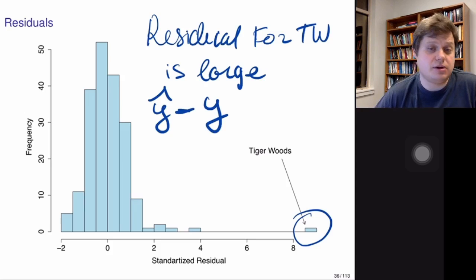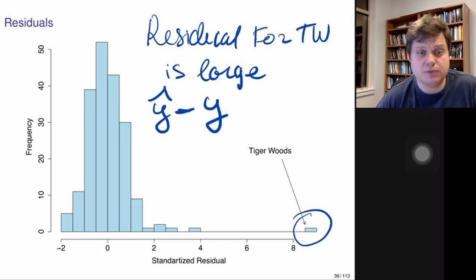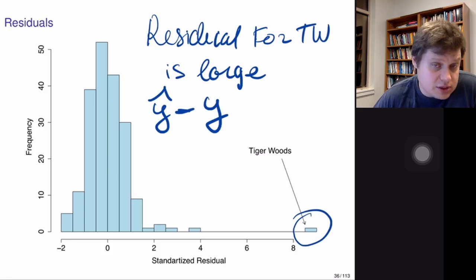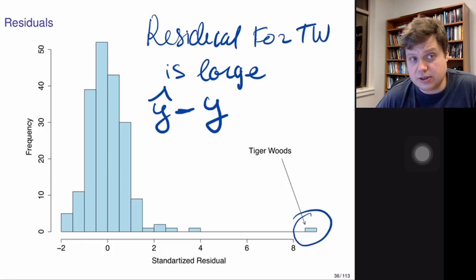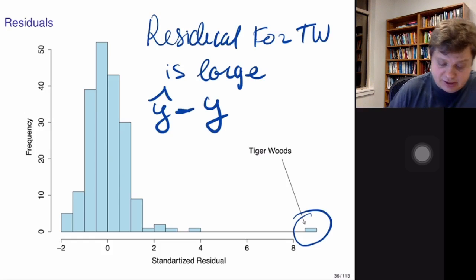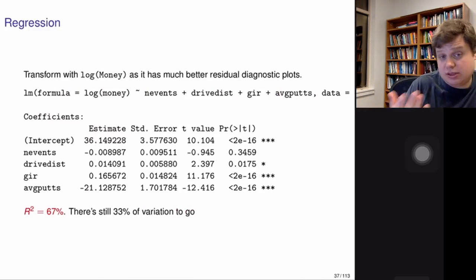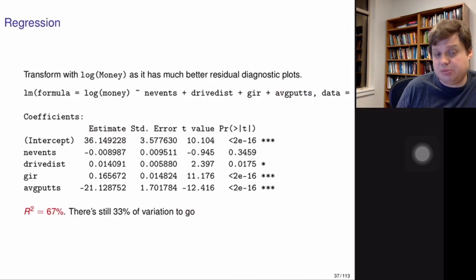But there is something about Tiger Woods that is not represented in our observed variables that makes him win those top tournaments. And most likely it's just his ability to cope with stress and perform well in the final rounds of those top events. That's what essentially makes a very technically good player an exceptional player, and the top player.